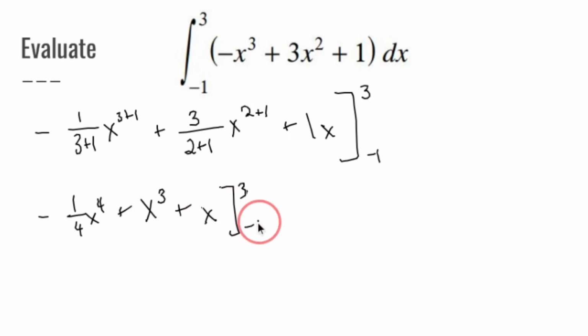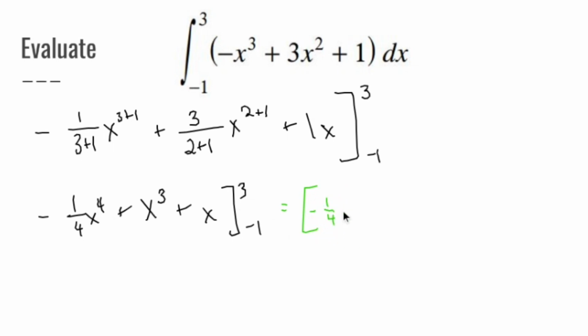With my limits being 3 and -1, the fundamental theorem of calculus says I'm going to take this whole thing, plug in 3, minus take this whole thing, plug in -1. So a little bit of math. Hopefully I saved myself enough room.